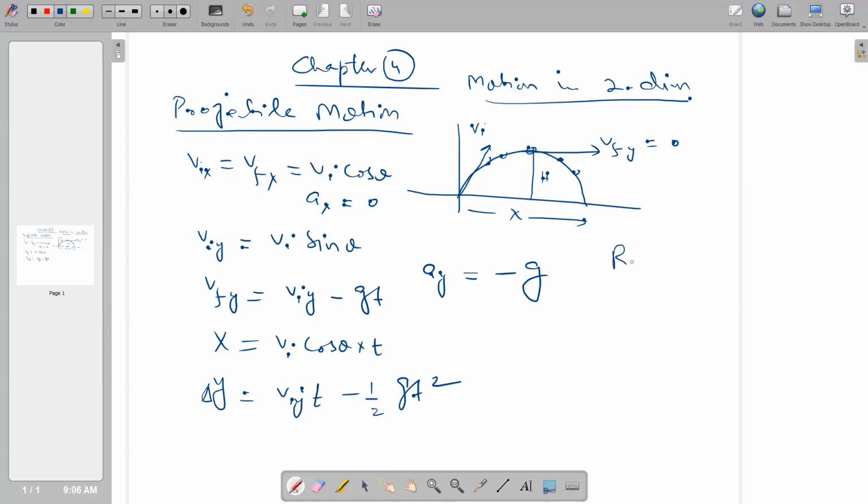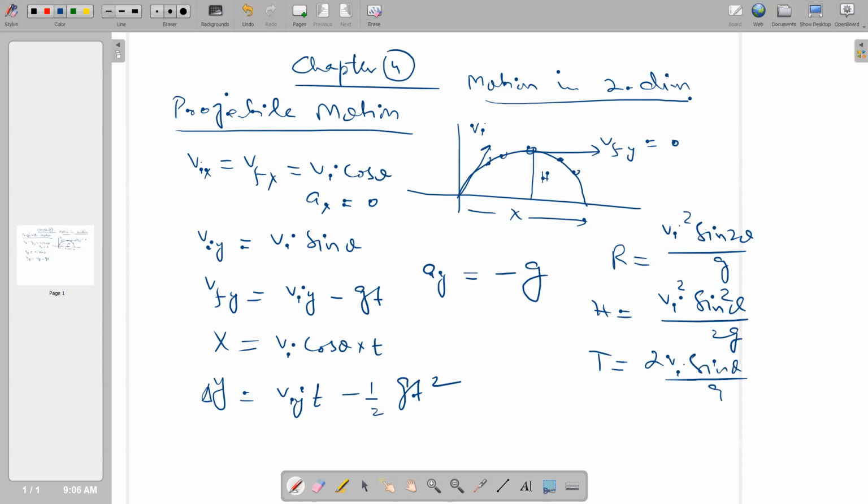And we used the formula of the range, Vi squared sin 2 theta over g. Then we used the formula for the maximum height, Vi squared sin squared theta over 2g. Then the time of flight, 2 Vi sin theta over g.